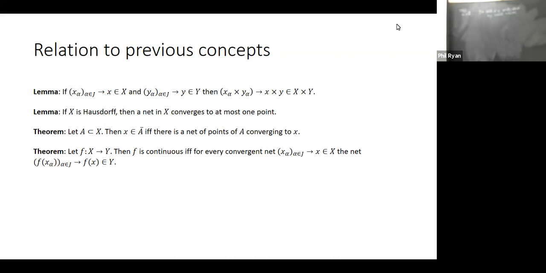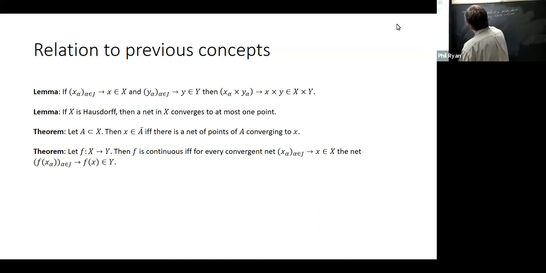Okay, and we've already seen that this is a directed set. So what's the net that we're going to take? The net is going to be a function from J to A, because it has to be a net in A. So let's just take f of alpha, an element of A, to be some element of alpha.